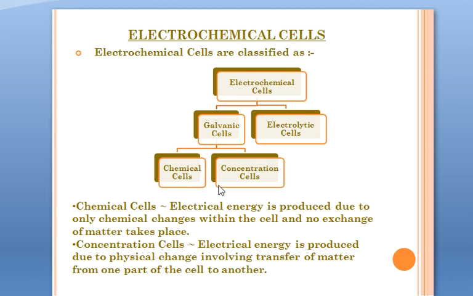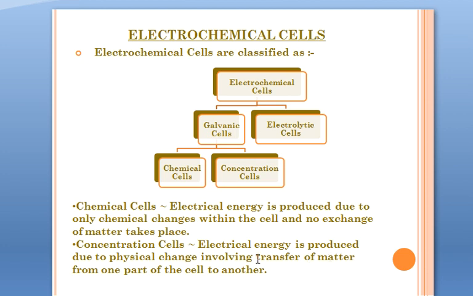However, there's a difference between the two. What is the difference? In the first one, chemical cells, there is no exchange of matter taking place from one part of the cell to another. कोई exchange of matter नहीं है. The basic thing is the same, that electrical energy is produced due to a chemical change, but without any exchange of matter. Whereas in concentration cells, there is an exchange of matter.